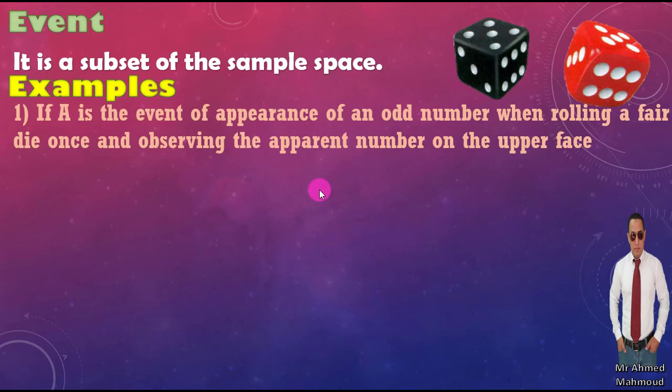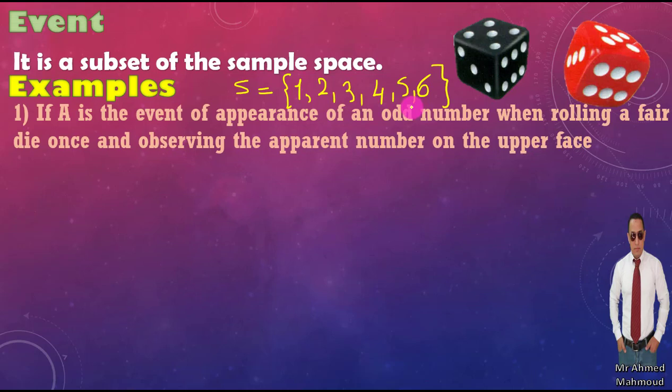In the last example, I said that the sample space equals the set of 1, 2, 3, 4, 5, and 6. The sample space includes all outcomes from 1 to 6.